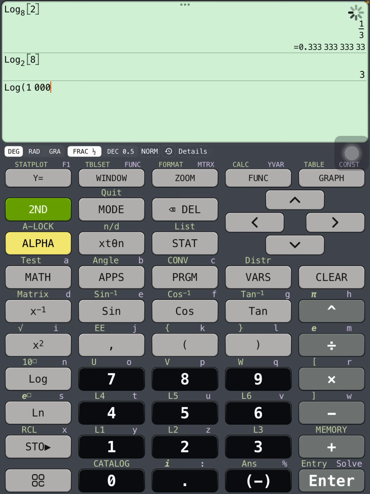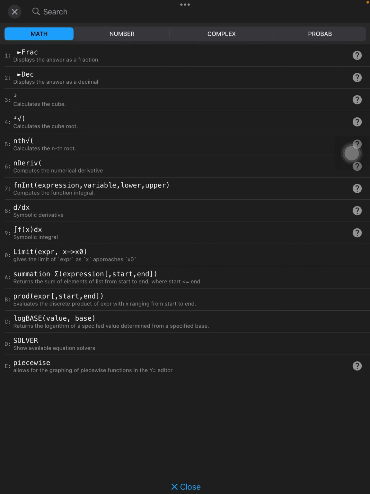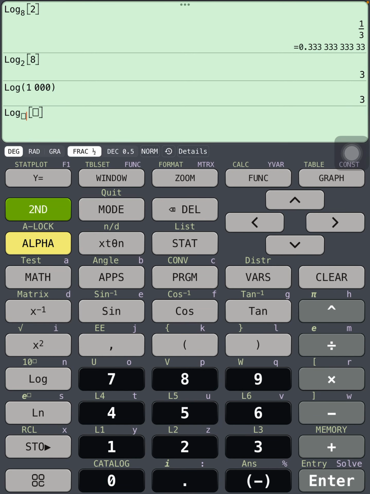Whereas if you had just a general log of say 1,000, that log key down there next to the 7 is actually log base 10, and so you can change the log base using math and arrow down to letter C and say we wanted to just confirm that log base 10 of 1,000 was 3.